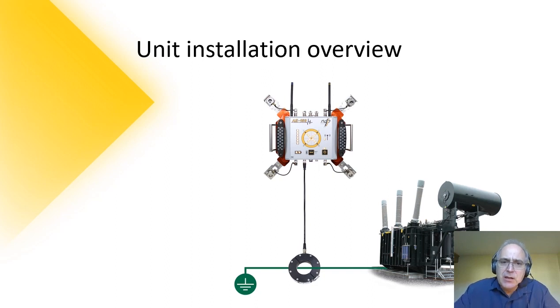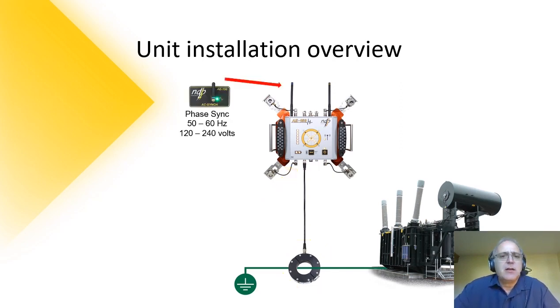One channel, the electric channel, this one here, is connected to an HFCT or, as an accessory, to a UHF antenna inside the transformer. But in this example it is the same: the electric channel is connected to either an antenna or an HFCT on the ground strap.